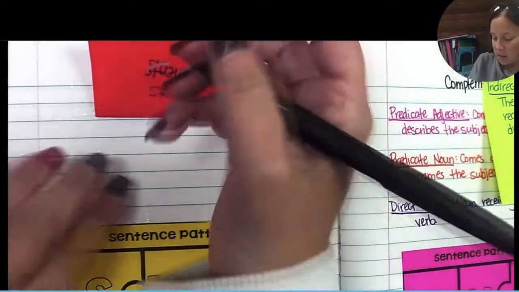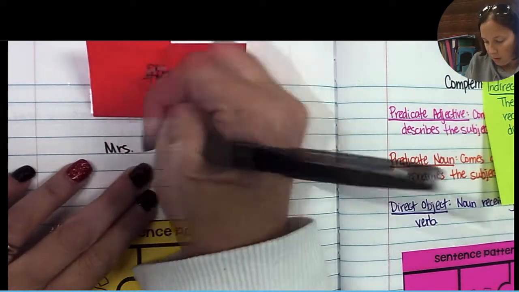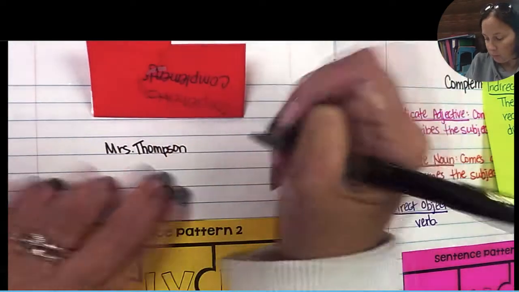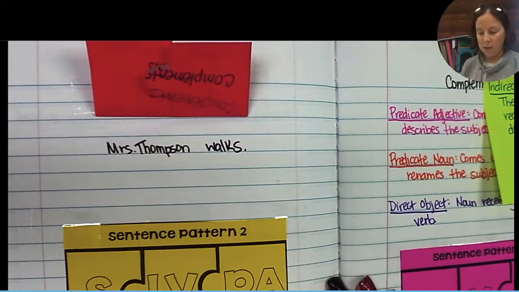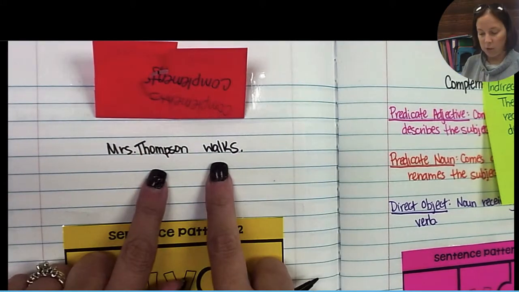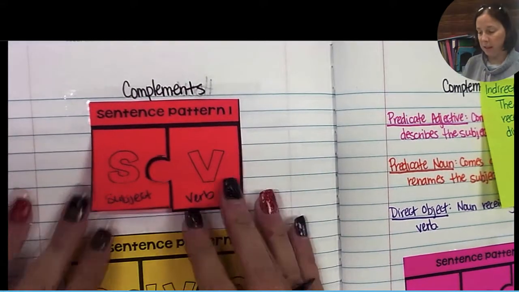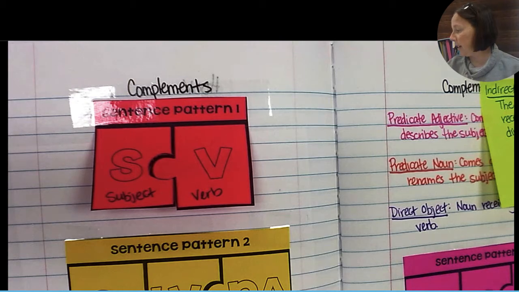So it's going to be a sentence like, Mrs. Thompson walks. Subject, verb. Subject, predicate. So that's just our basic sentence. I kind of wanted to go over what the basic sentence looks like before we add in everything else.